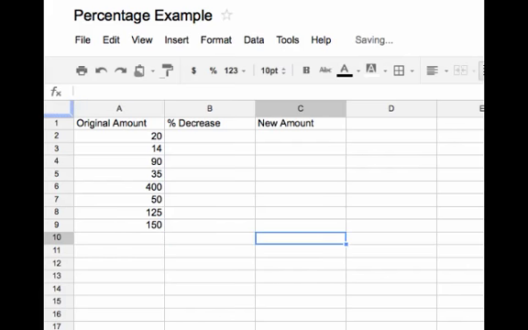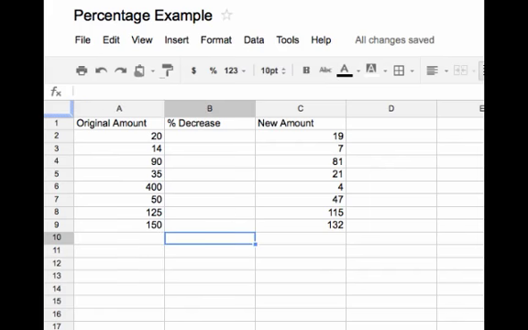We don't know the percentage decrease yet, but the new amounts are 19, 7, 81, 21, 4, 47, 115, and 132. You want to make sure your numbers are correct: 19, 7, 81, 21, 4, 47, 15, that looks good. 20, 14, 90, 35, 45. Because if your numbers are wrong, then everything you do from that point forward is going to be a mistake.